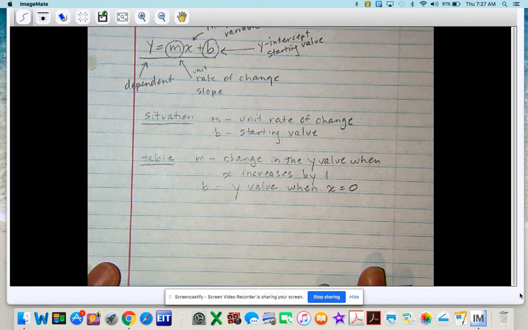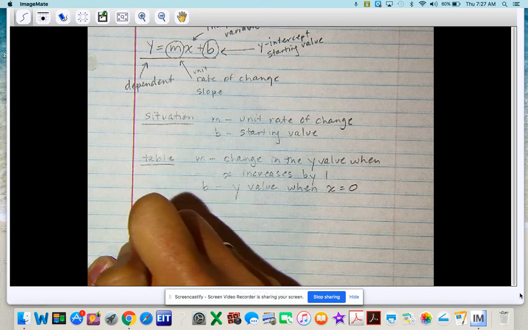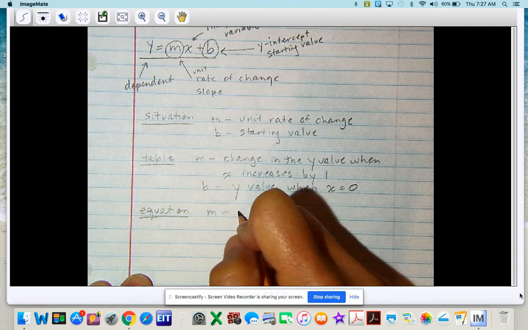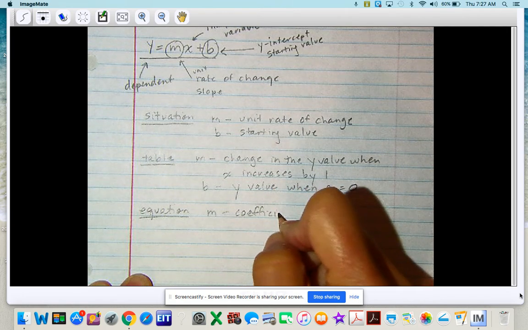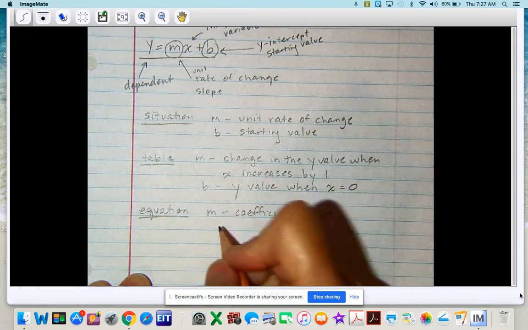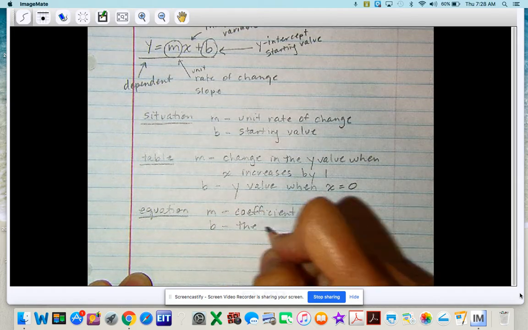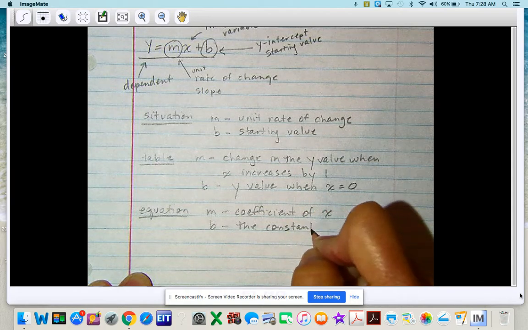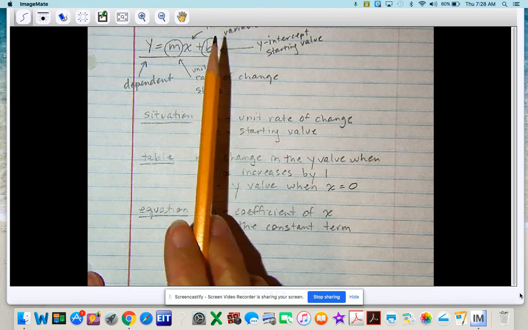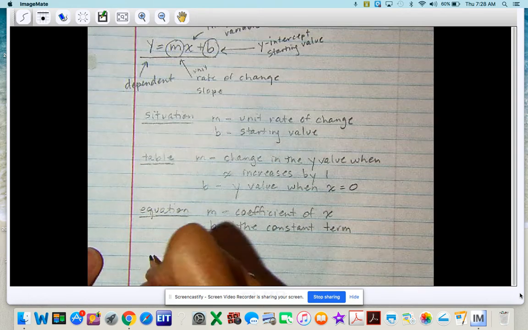Okay, so how do we find those two important things in our equation? All right, so the m, the rate of change, is always the coefficient of x, the multiplier of x, and our b value is the constant term. So the value that's not tied with the x will give us our starting value. All right, how about graphically?